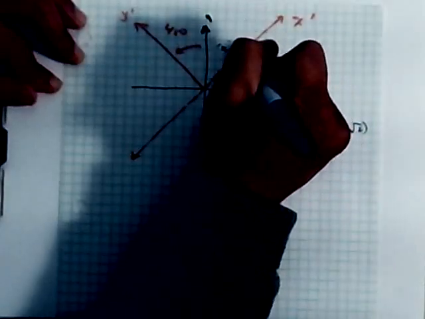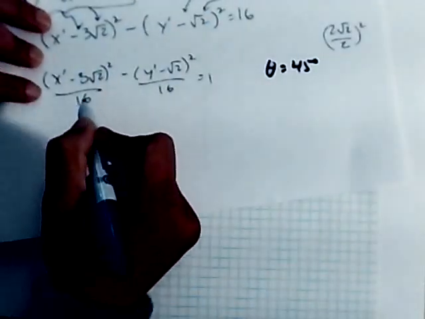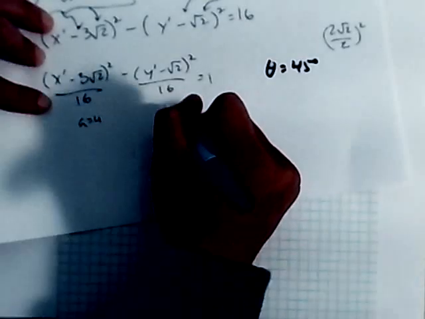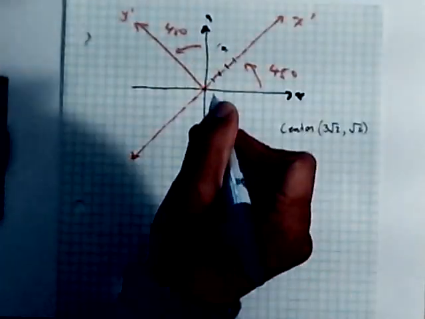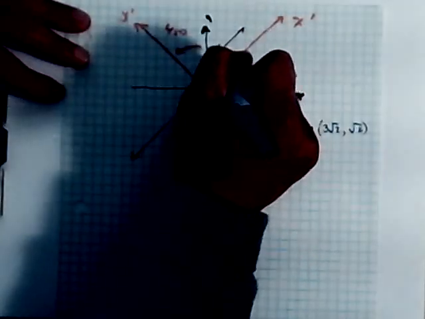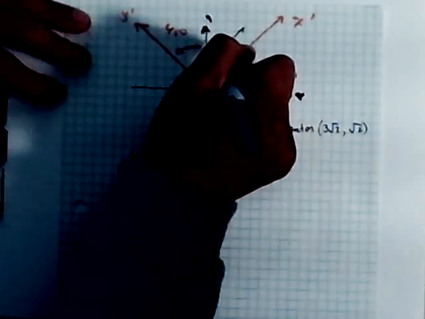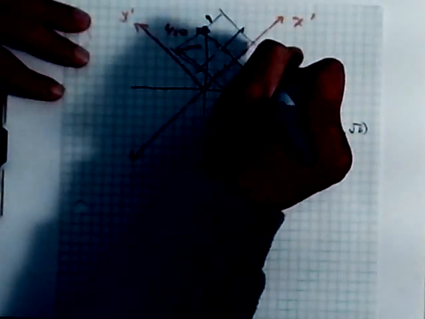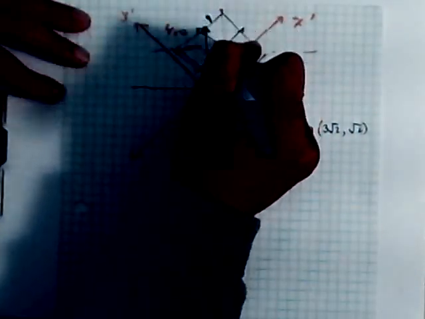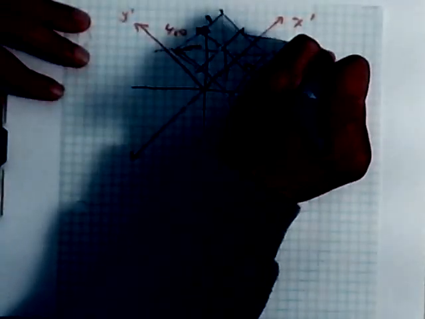And then you're going to go, A is 4, B equals 4, plus or minus actually. So it's going to go to the right 4, to the left 4, up, down 4. Create this right here. And then here's your asymptotes. And it's going to look something like this.